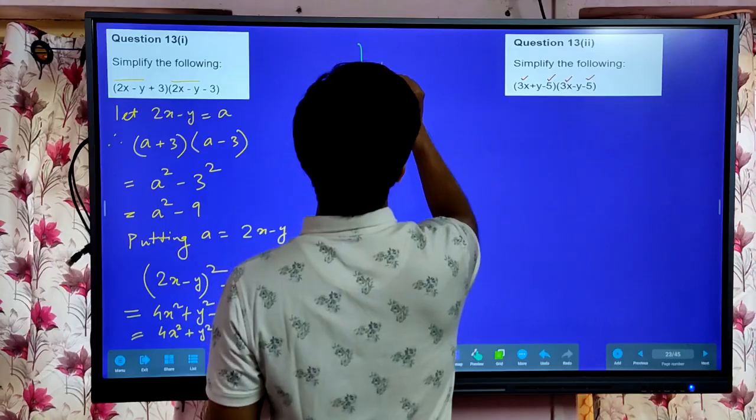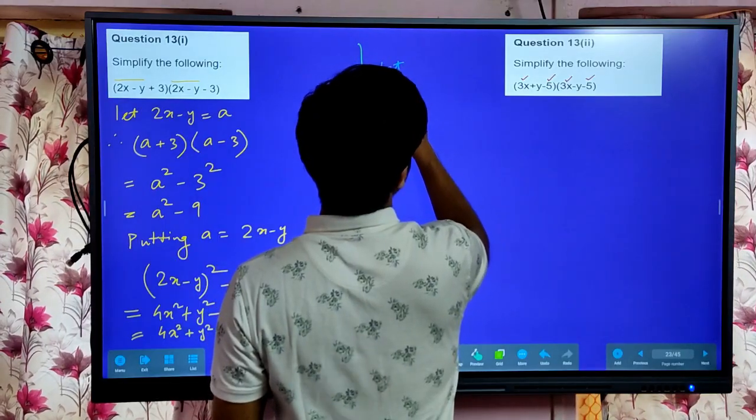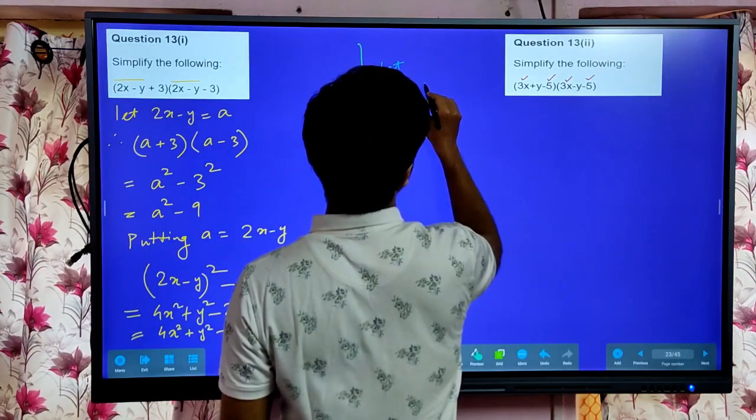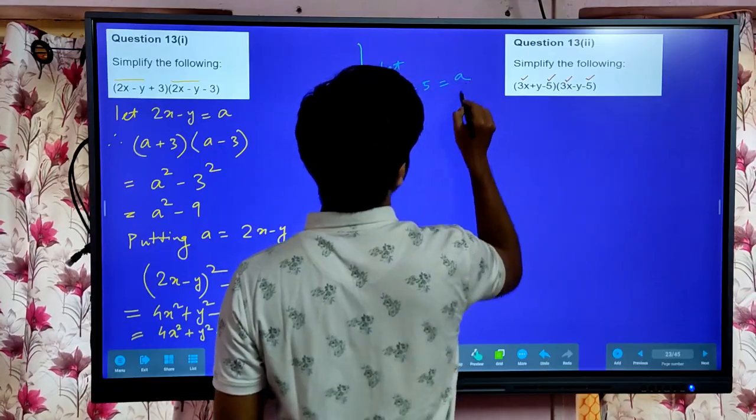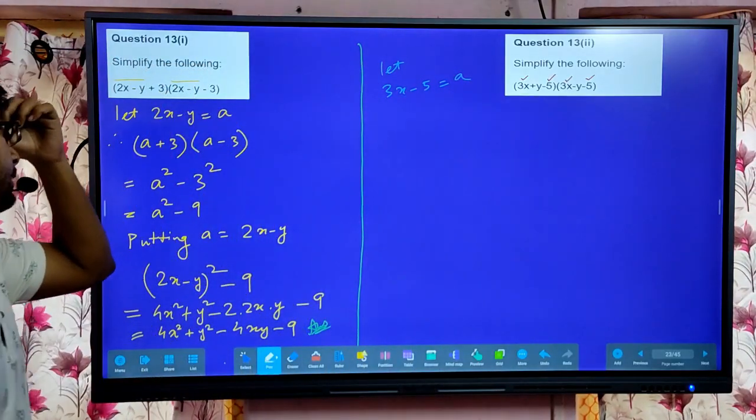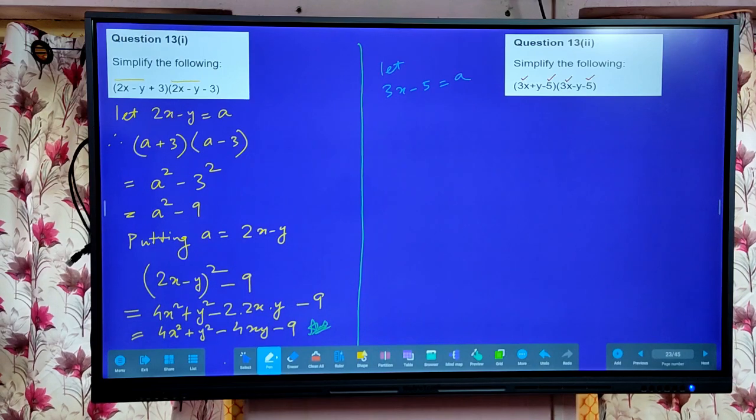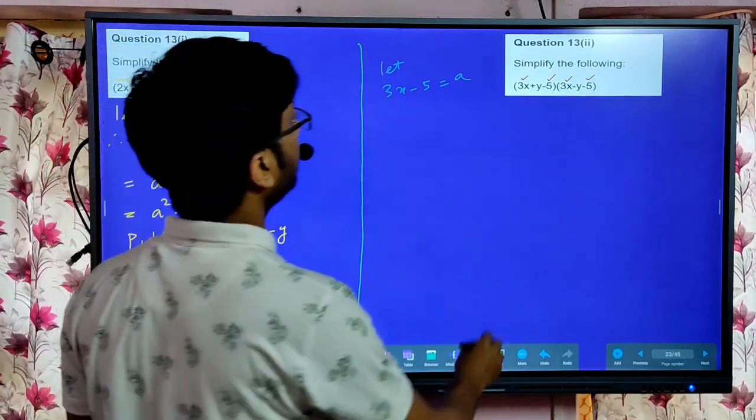let 3x minus 5 be equal to a. Understood? Let 3x minus 5 be equal to a. So how will it be?